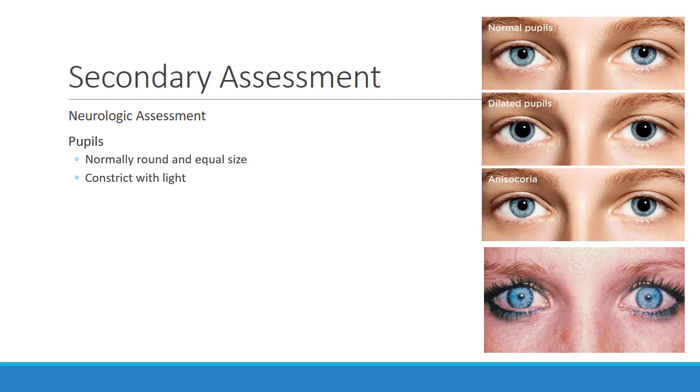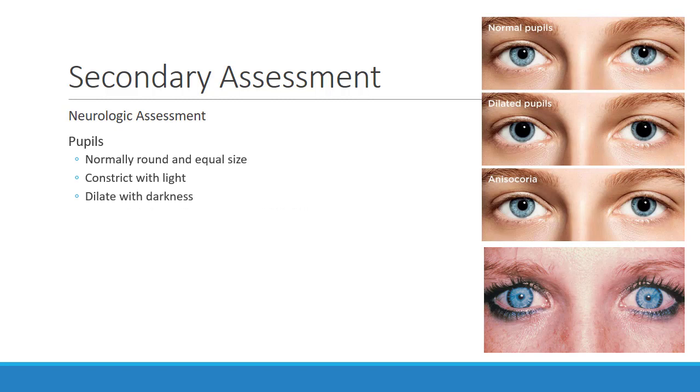Pupils will constrict when light is shining in the eyes. This is so the pupils constrict to let less light in when you have bright light. And as you're in a darker environment, your eyes will dilate so that the body lets more light in so you can see.